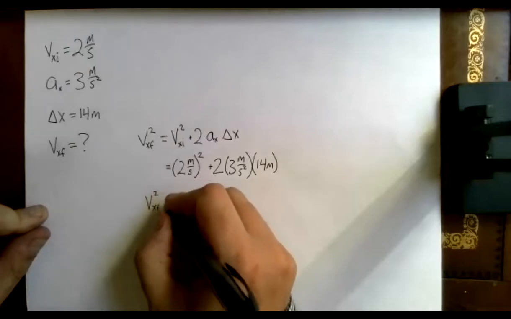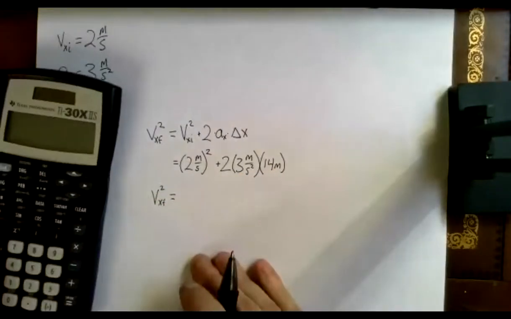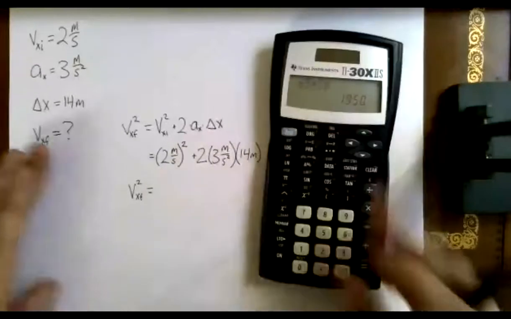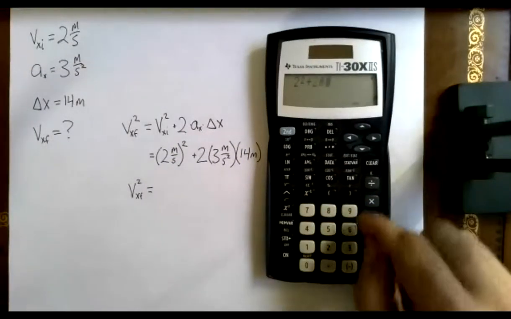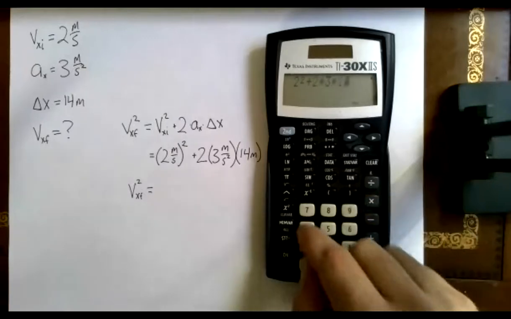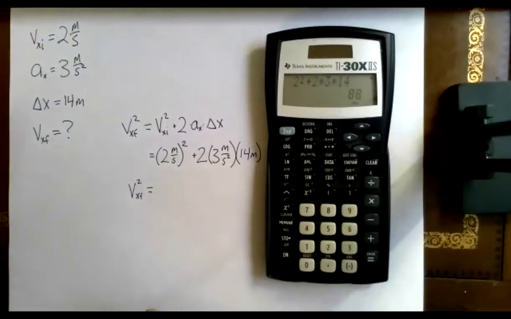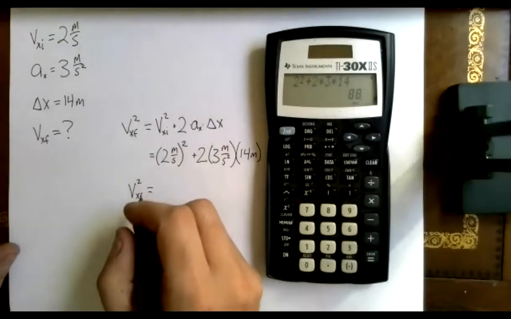So that means my final velocity squared is 2 squared plus 2 times 3 times 14. So that's 88.